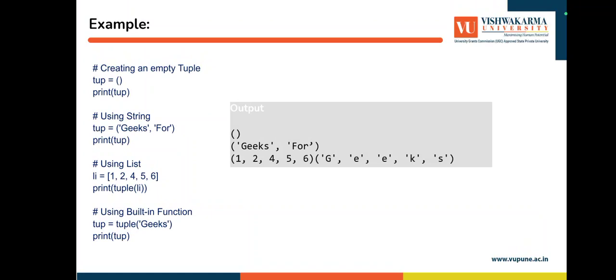We can see in the output that the built-in function tuple can separate all the string values we passed in a specific variable. It means while printing the variable, it can be used as a tuple, and the output will be displayed character-wise. So G, E, E, K, S will be the output for the built-in function.